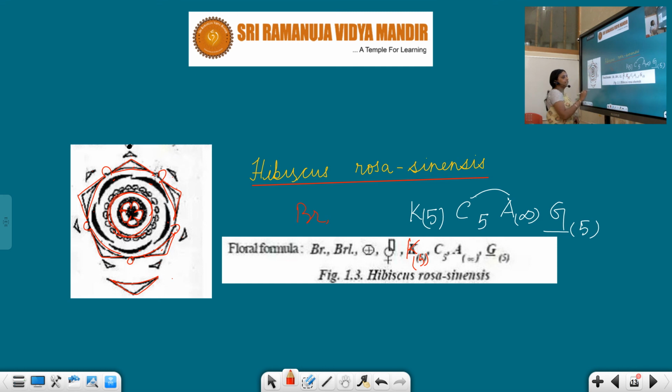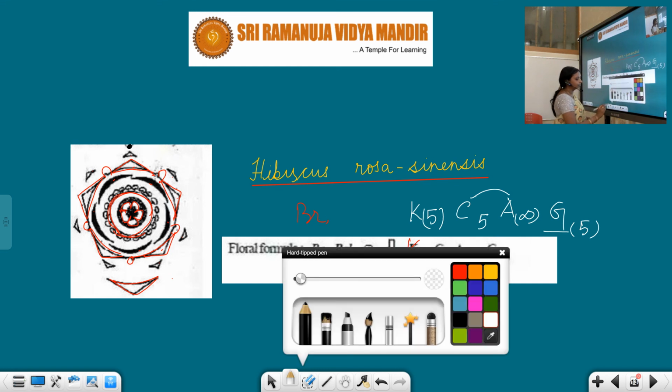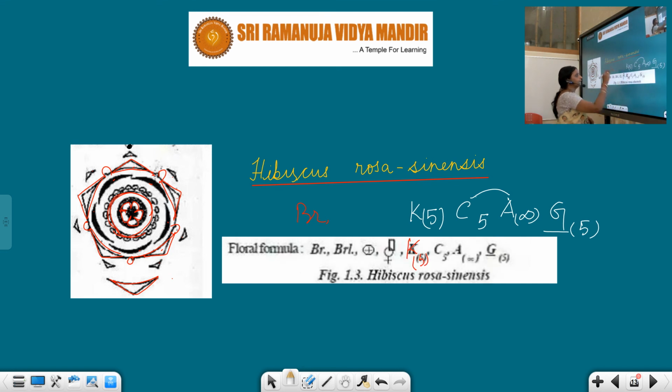So if it is bracteate, bracts are present, BR. And if bracts are not present, then how do we write? EBR. EBR means bracts are not present, and we do not put a bract here. And if bracts are present, BR.